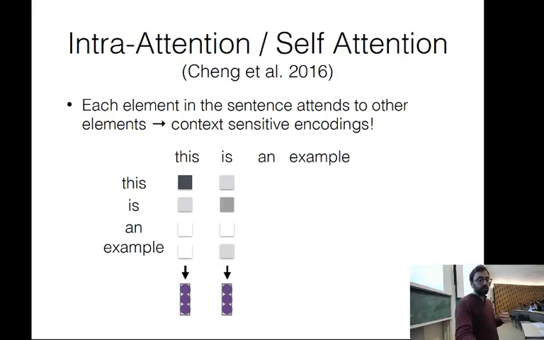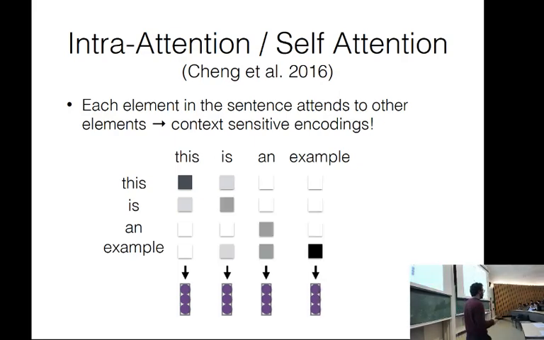So we can do that for all the words. And now instead of the typical embeddings that you've talked about, we have context-sensitive encodings for every word. Again, we'll talk about it later, but that's the main idea behind the famous transformer model.